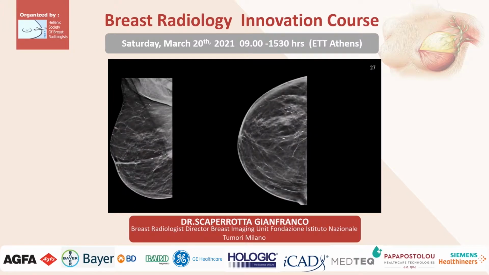Other aspect, this is a particular situation after quadrantectomy. The patient is in follow-up, and so it's possible to see the calcification near the scar, and in two different sites. In this BI-RADS 4B, and so BI-RADS 4C.